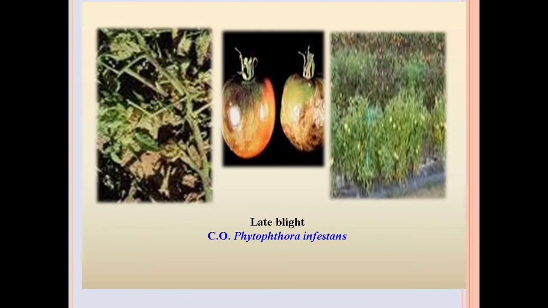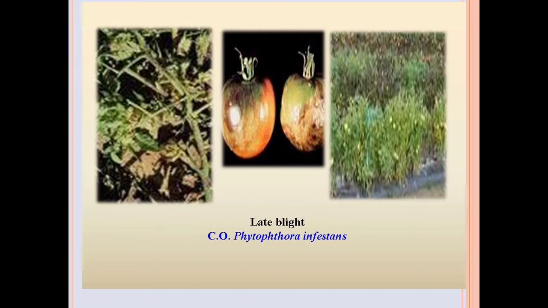Brown streaks develop on the stem. On green tomato, olivaceous greasy spots are observed. The spots gradually cover the entire fruit, and the fruits become brown and shriveled. So this is all about the symptomatology of late blight of tomato.